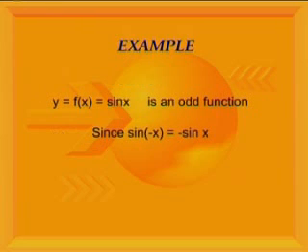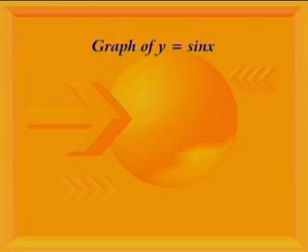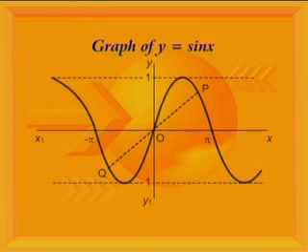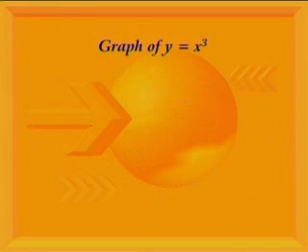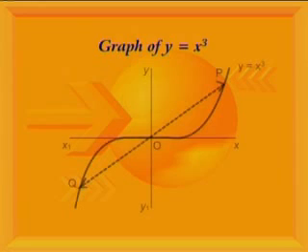The other example is y is equal to sine x, and you can see the graph of that. You know that sine of minus x is equal to minus sine x. Then there is the graph of y is equal to x cube.